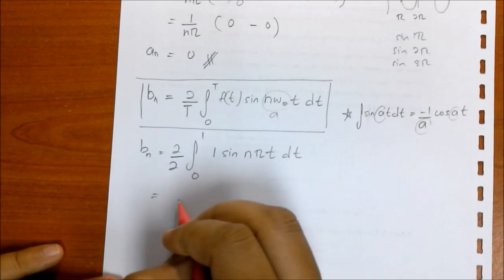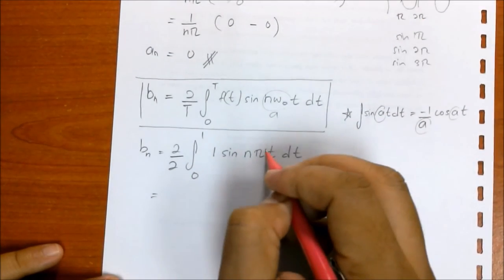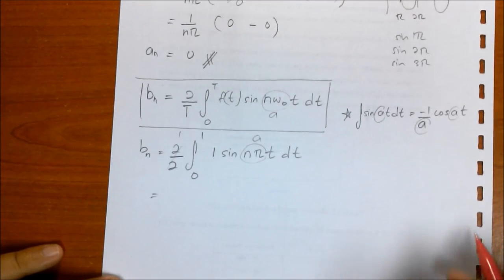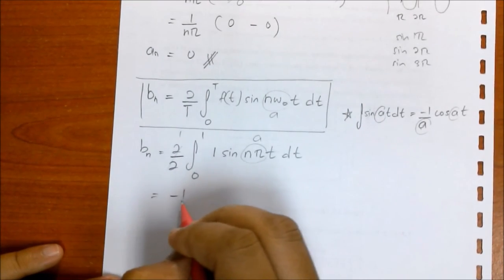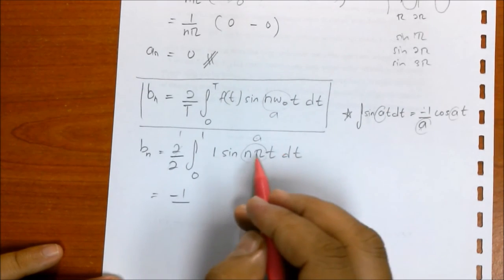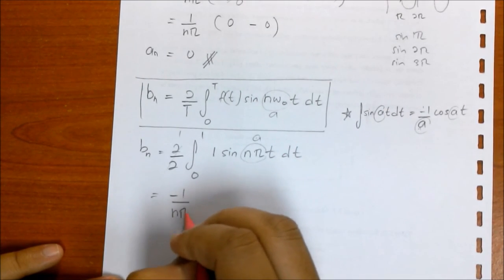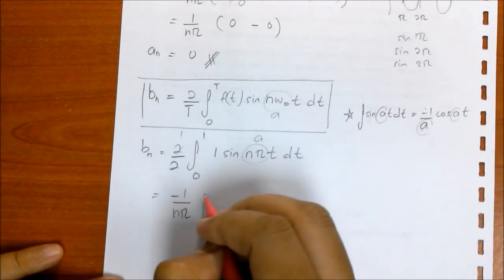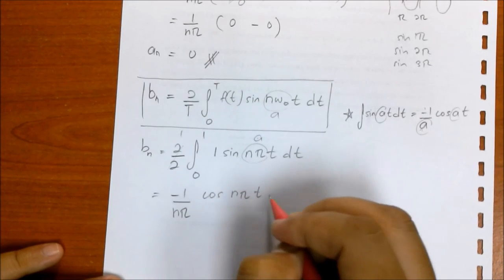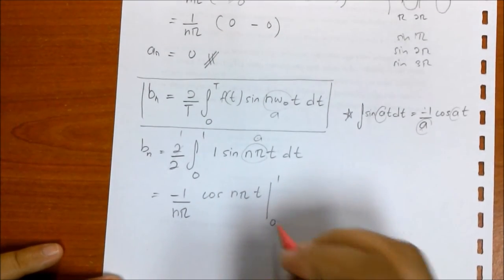So this is our a, this is 1, so we get negative 1 over a, negative 1 over a is n pi, cos n pi t, integration from 0 to 1.